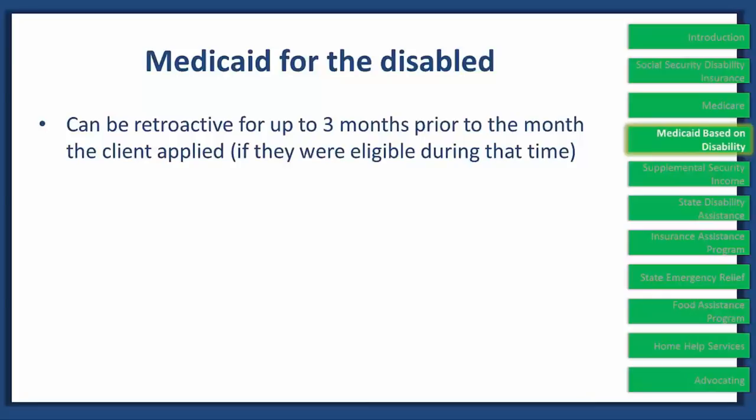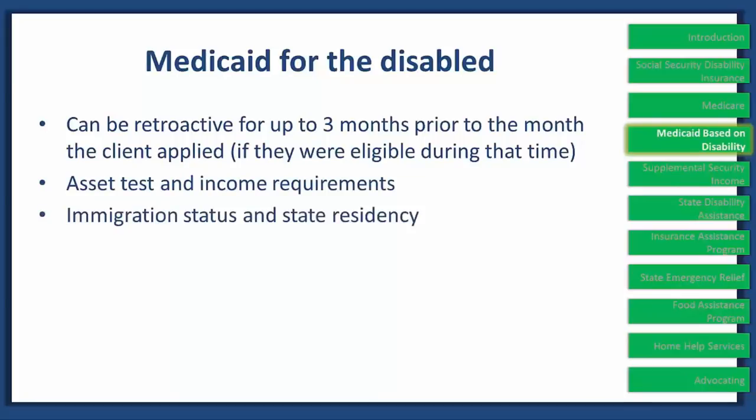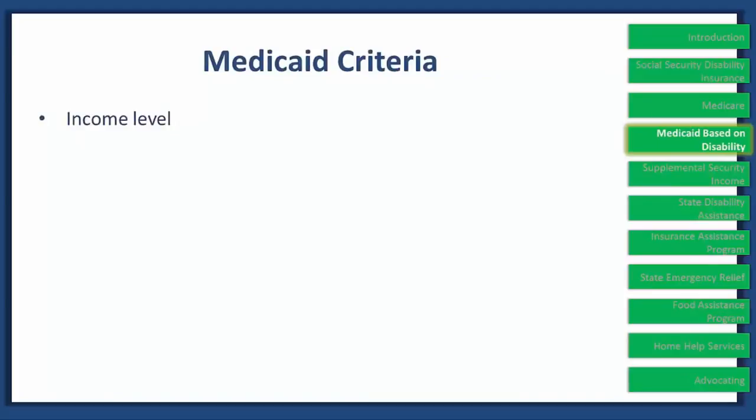Once a disability determination is made, the individual must then undergo an asset test and meet specific income requirements. Immigration status and state residency status are also considered. Let's take a closer look at each criterion. Income level.